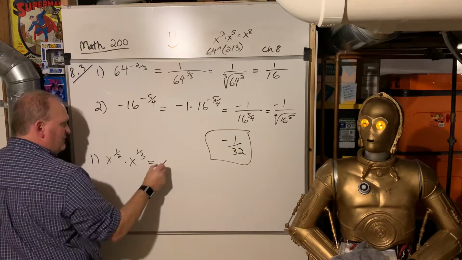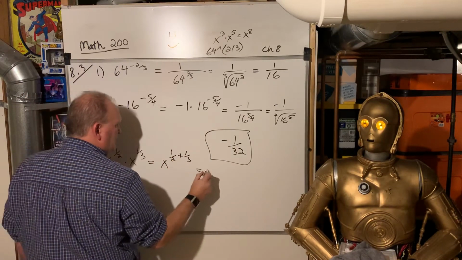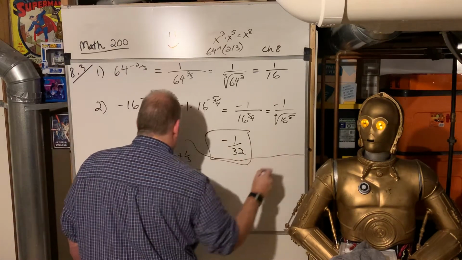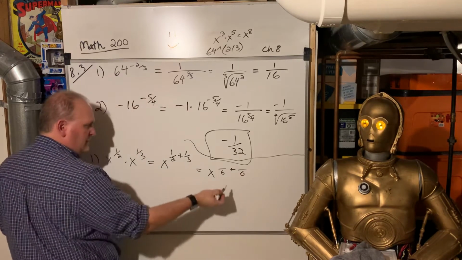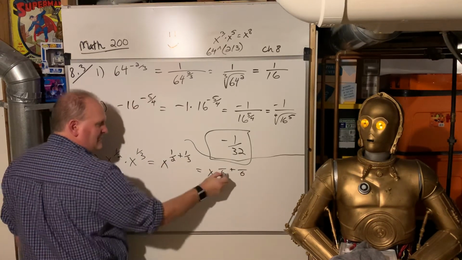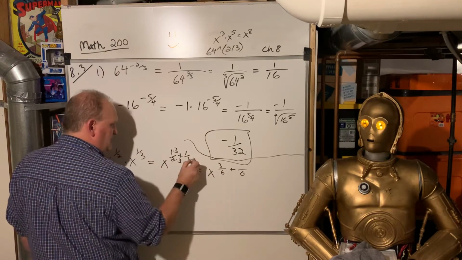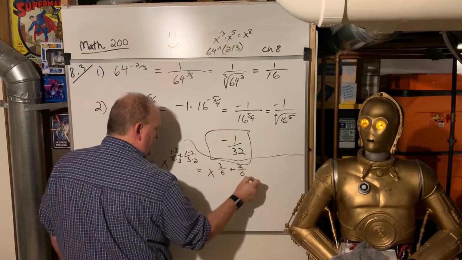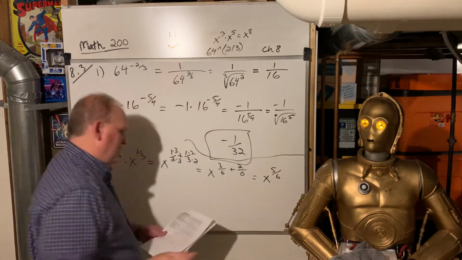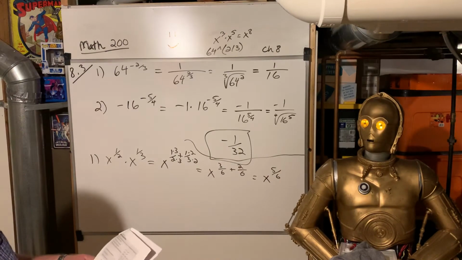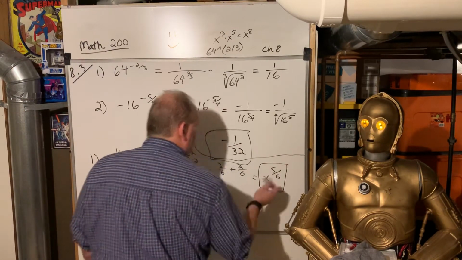So this is the same thing, it's just 1/2 plus 1/3. It's a little more difficult because you got to find the common denominator, which is 6. And now remember, when we do this with fractions, you work backwards. So I need that to be a 6, so times 3 top and bottom. I need that to be a 6, so times 2 top and bottom. And so that is x to the 5/6. And then they want it expressed with a positive exponent. So there it is, done.